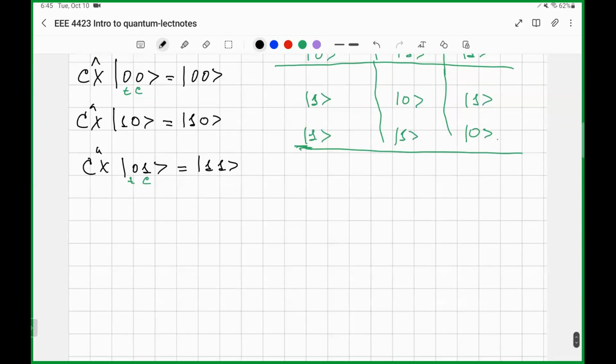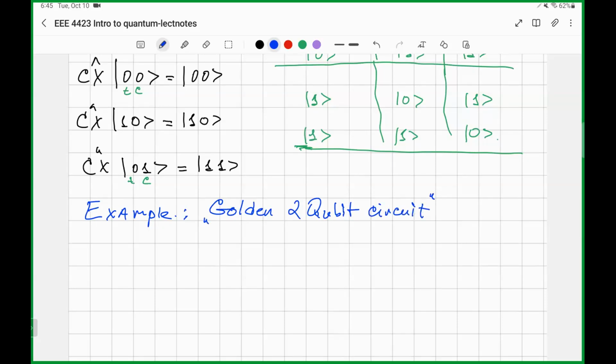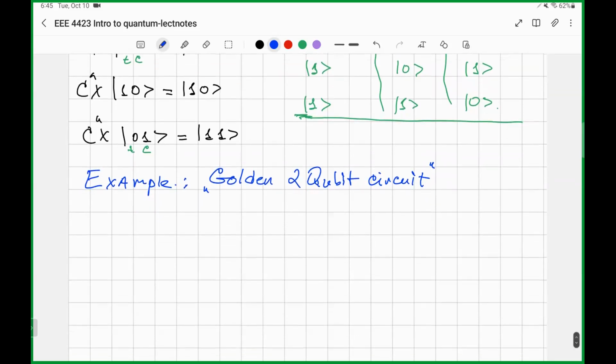Let us consider an important example, known as the "golden 2-qubit circuit." I put quotes because this is not something that you can meet in all textbooks.